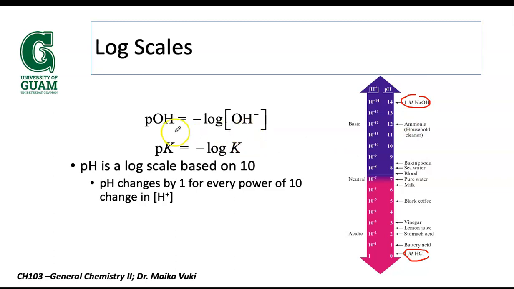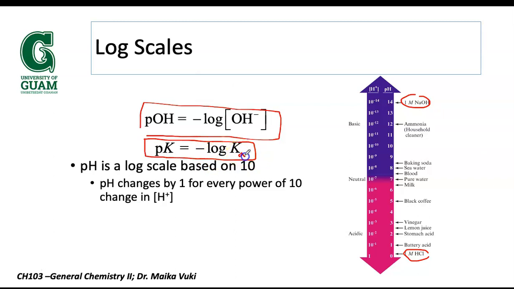Now, in relation to the pH, we can also use pOH. Essentially the same relationship. Instead of minus log of hydrogen ions for pH, this will be minus log of the OH ions. At the same token, we can also write down the pK. pK is minus log of the Ka value.